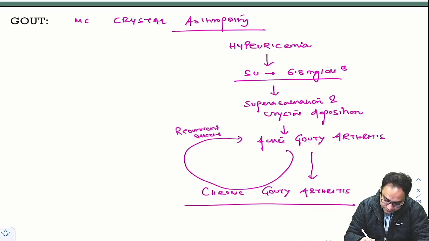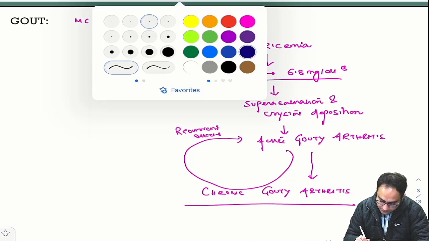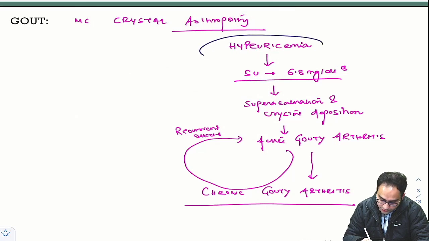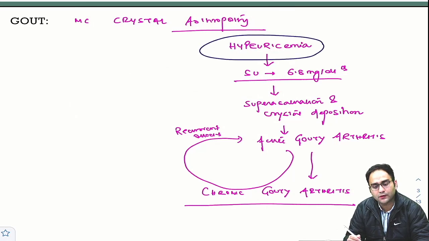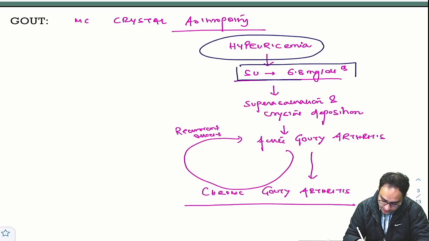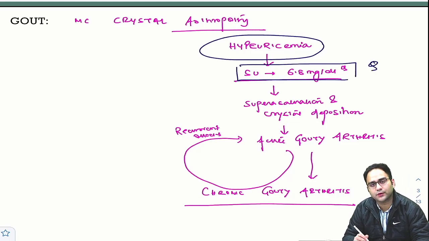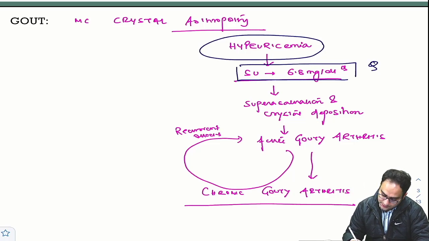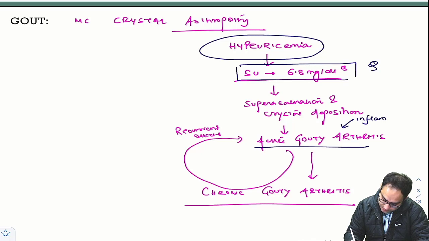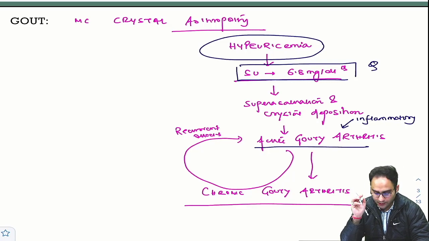So, as I mentioned, there is a state of hyperuricemia, and when it crosses 6.8 milligram per dl, there is supersaturation and crystallization in the joints, and this incites an inflammatory response, giving rise to acute gouty arthritis.